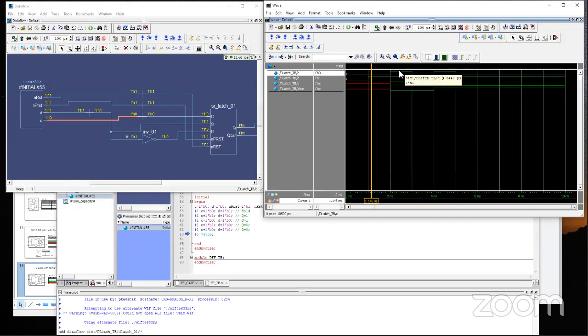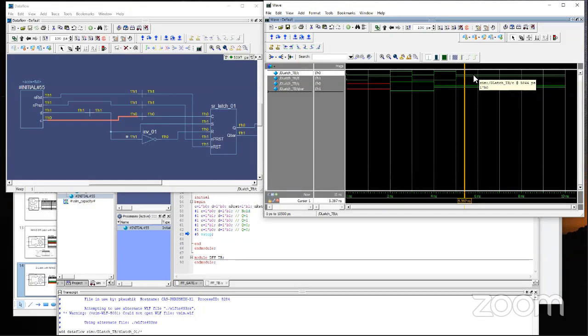As soon as we make C 1, Q follows D. Then at this point we have C 0 and D 0, so Q did not follow D. It held on to the previous value, which is still 1. But as soon as we bring C up, it affects the Q value, and Q goes down. Then the next is the hold condition. So that's the D latch operation.